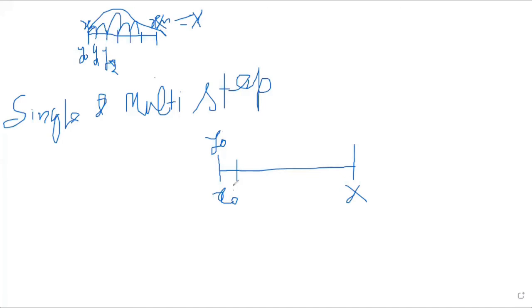We are predicting the value at X1, say it is Y1, then using Y1 we are predicting Y2, and of course these steps may vary. It may be a uniform step size or it may vary.